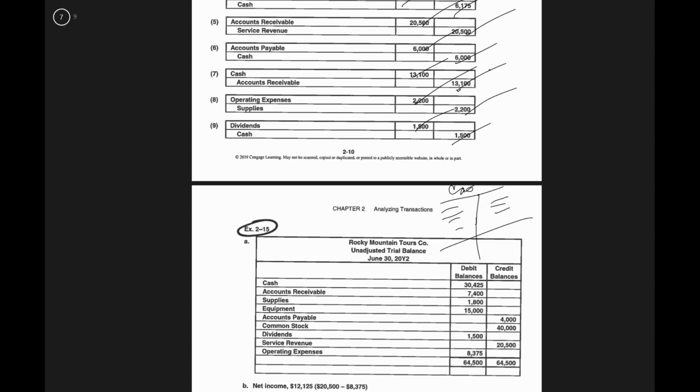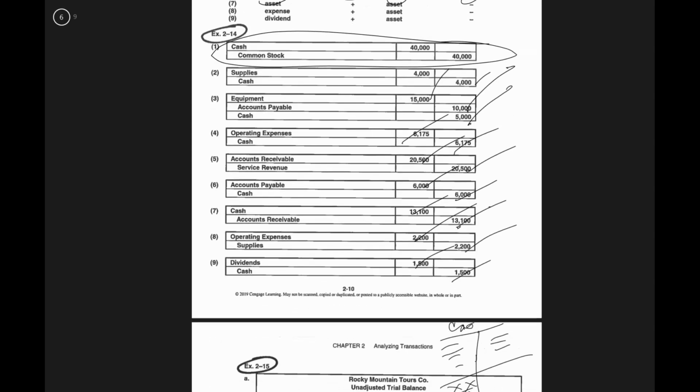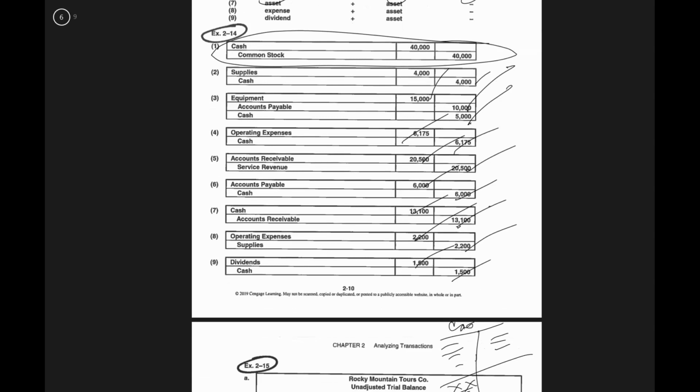And then ultimately, at some point, you're going to get an ending balance. It should be a debit. You can never have a negative cash account, right? It's not supposed to. So then you would say, well, that's the balance, the debit side, and you would put that here, $30,425.